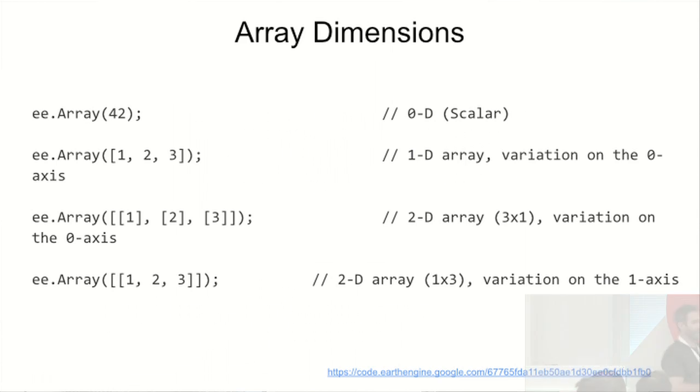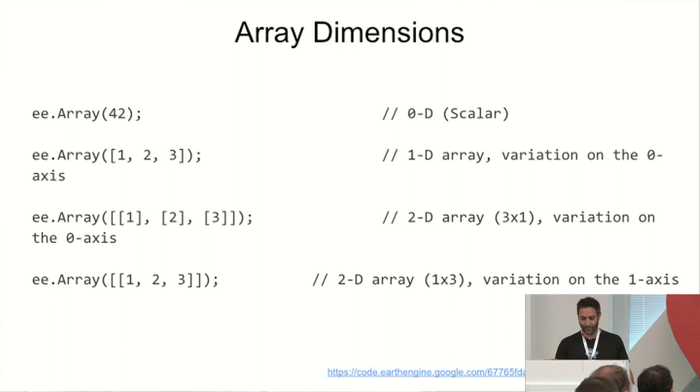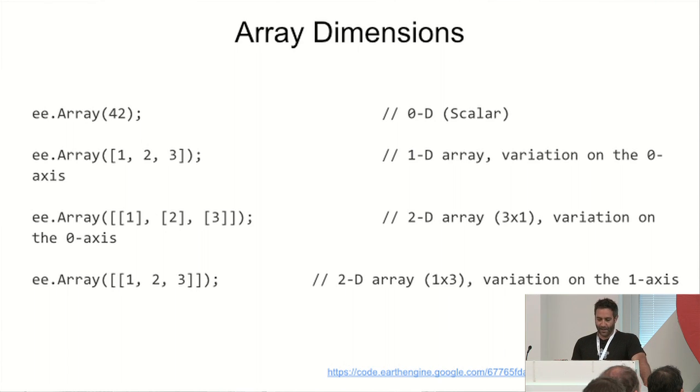Okay. So a number in Earth Engine is just a scalar, and that has 0 dimensions. A one-dimensional array is one list. So here's just one degree of nesting. You have a one-dimensional array, and you have variation along the 0 axis. So the numbers inside this list are determining variation on the 0 axis.